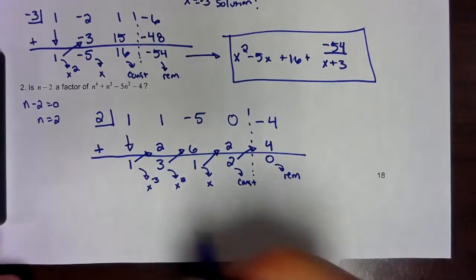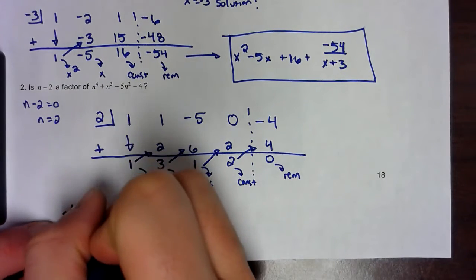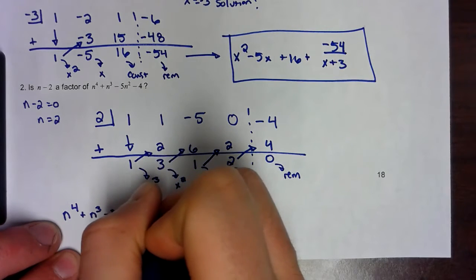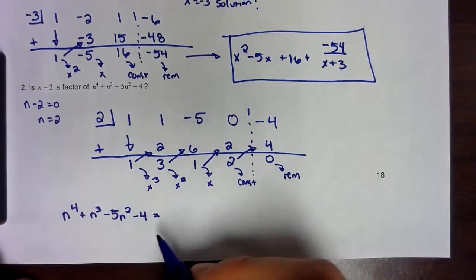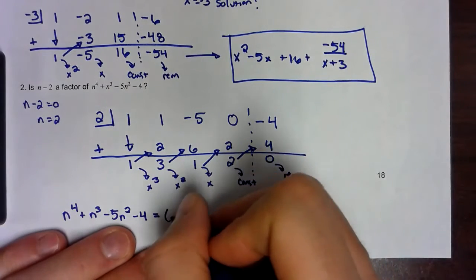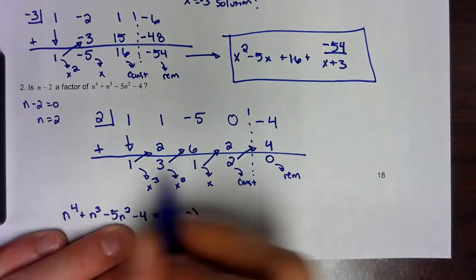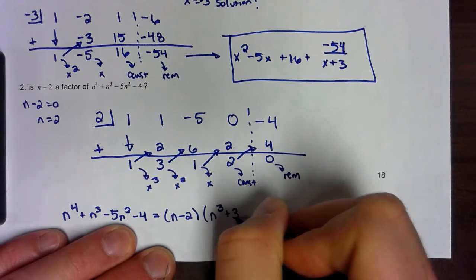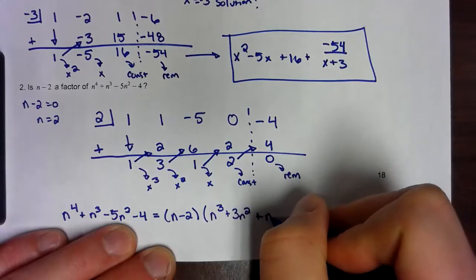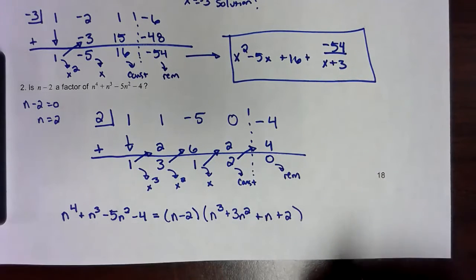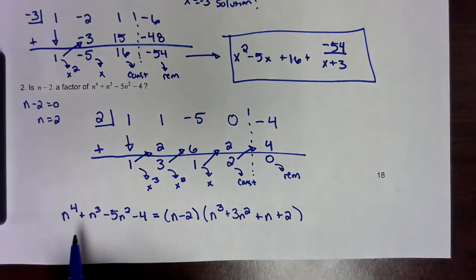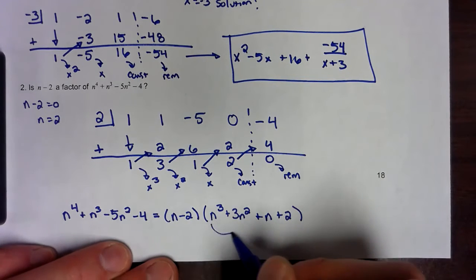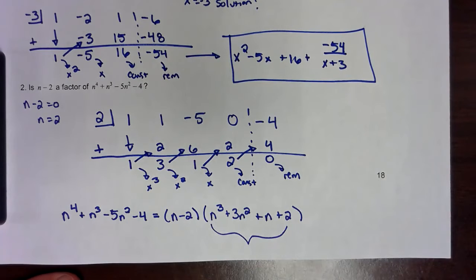And so what we have just done is we took the original equation of n to the 4th plus n cubed minus 5n squared minus 4, and we have factored it to what we divided by, n minus 2, times our quotient here, the result of us doing that synthetic division, which is n cubed plus 3n squared plus n plus 2. These are equal, okay, our original equation, and its factored or partially factored form, right? This would still need to be factored a little bit further.